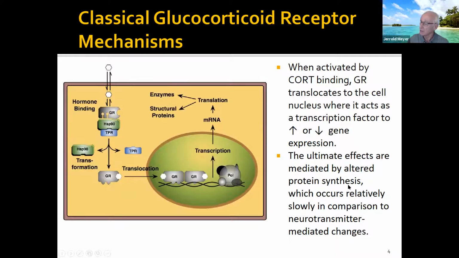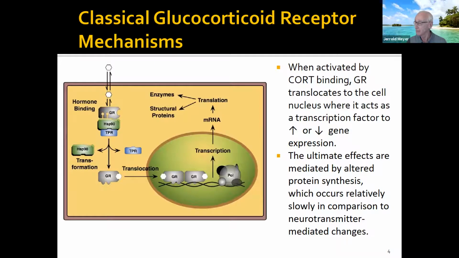Notice that because of this, it takes time, maybe a number of minutes, before the messenger RNA levels start to be significantly increased, and then still more time before you have a buildup of the levels of the proteins being translated. This all takes some number of minutes, sometimes hours, depending on the gene, the protein, et cetera.